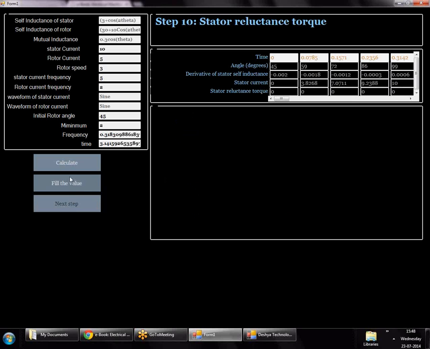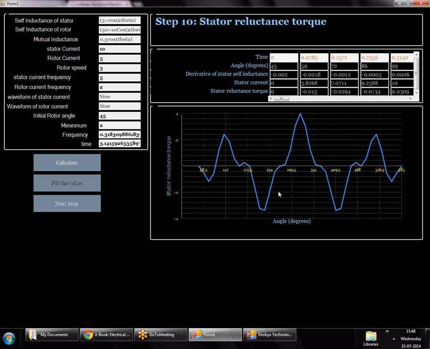And now we first calculate the stator reluctance torque. If you see here, the stator reluctance torque is again going to be 0 because the frequency of the stator current is not the same as the angular speed of the rotor. The angular speed of the rotor is 3 and the stator current frequency is 5 radians per second. They are not equal, and hence the reluctance torque produced by the stator is going to be 0.